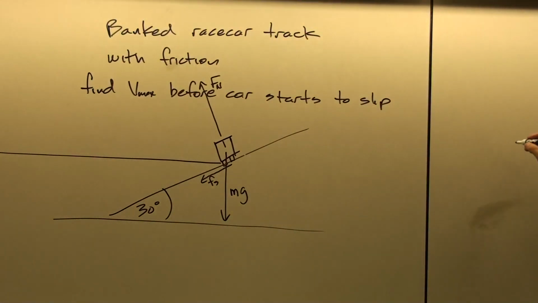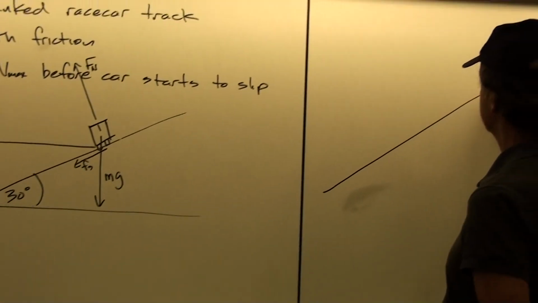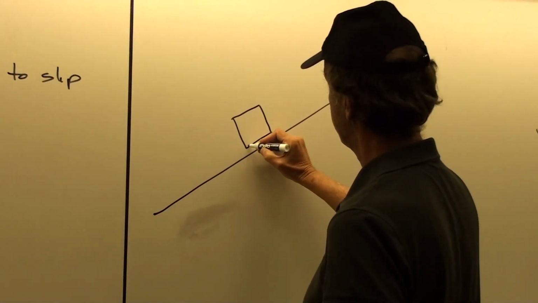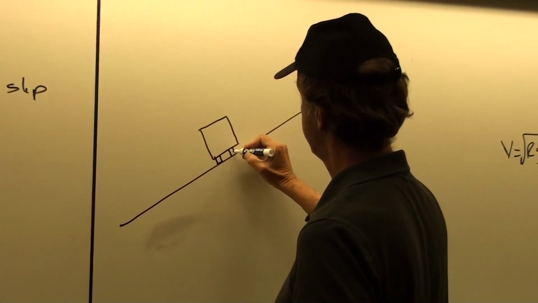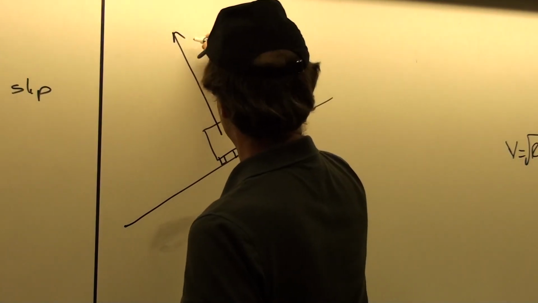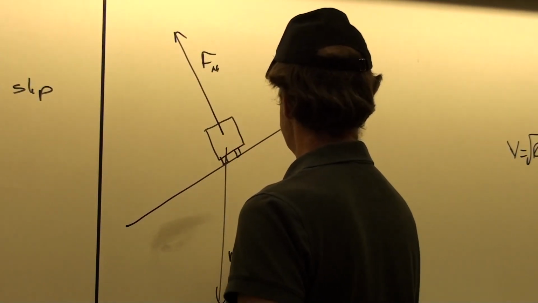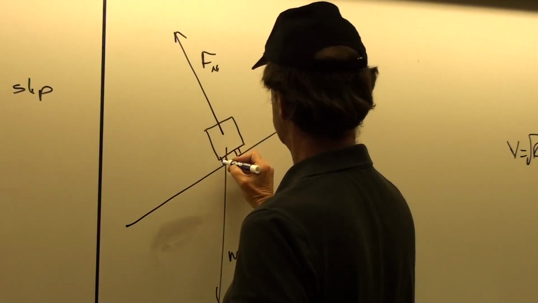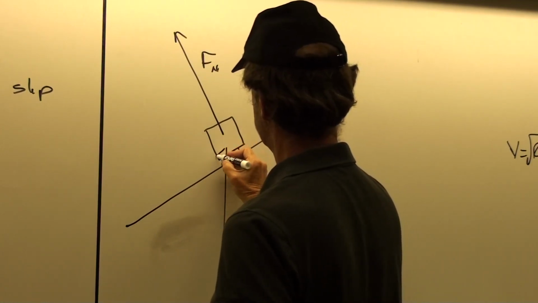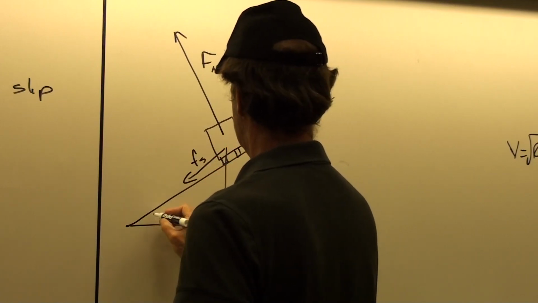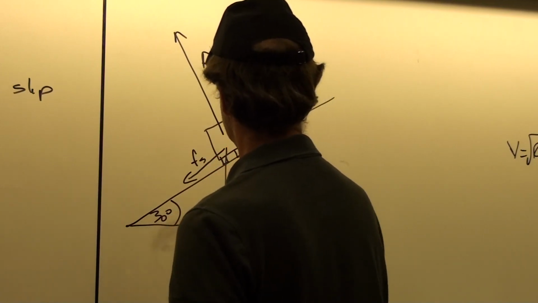Okay, and so let's draw a little bigger picture of that over here, because I think that the vector diagram here is super important. Here's our normal force. Here's mg, and here's the static friction force, Fs. This angle, let's say, is still 30 degrees.